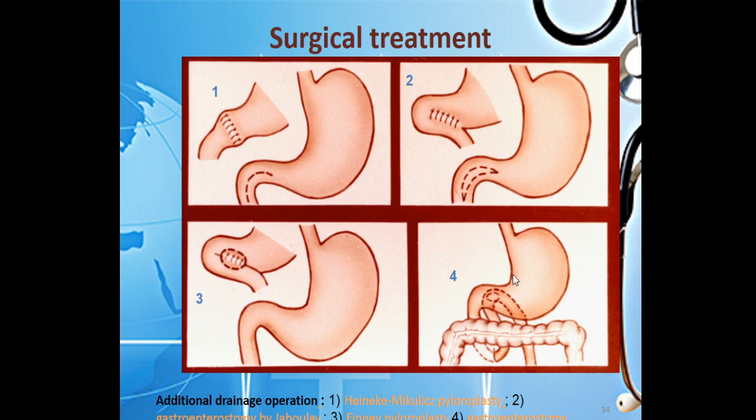And the last type of stomach drainage operation is gastrojejunostomy. We don't touch the pylorus. We put an additional anastomosis between stomach and jejunum. In this case, the function of the pylorus disappears because we have an additional hole for drainage.